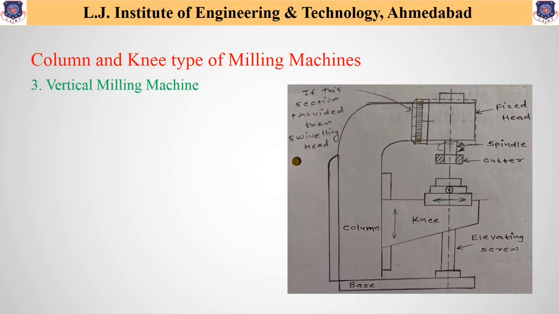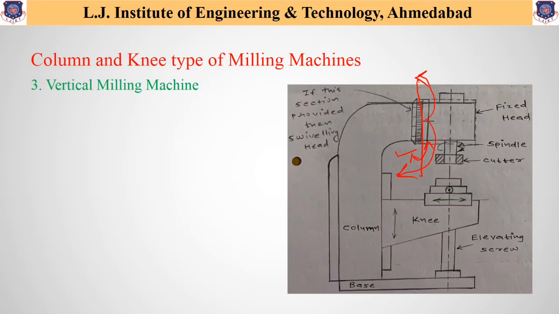Now if we see that a swiveling head is available, that means if the arrangement is provided over here on this axis, this head can be swiveled around this axis, meaning this head can be moved in both directions. At that time this vertical spindle can be rotated about that particular axis.